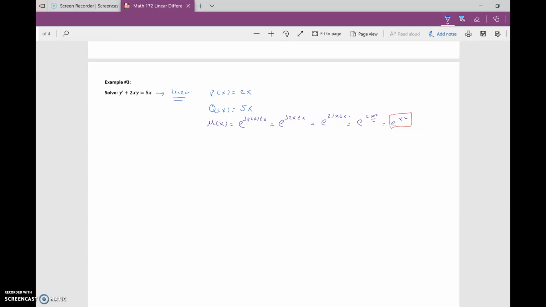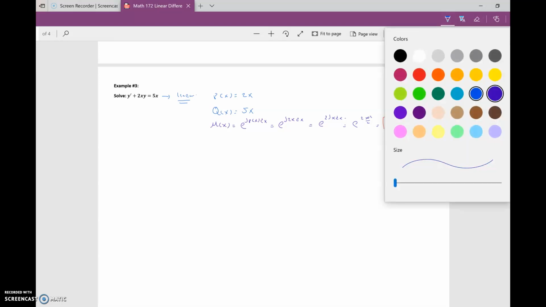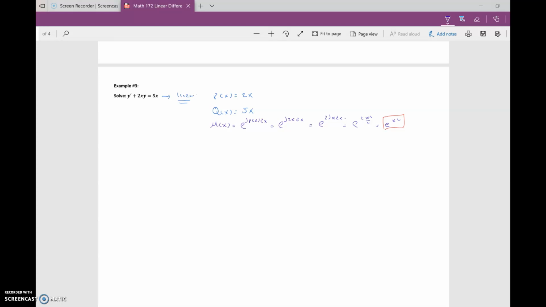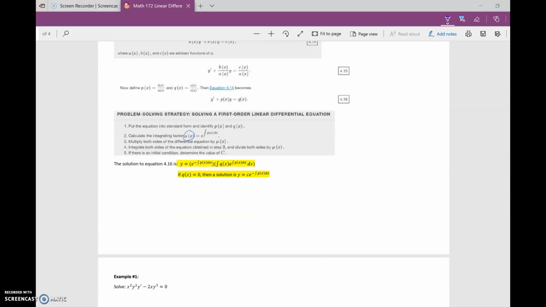Now the next portion that we need to find is the integral of q of x and e to the p of x. So I'm just going to rewrite it as the integral of q of x and e to the integral of p of x dx. So that is this portion here.